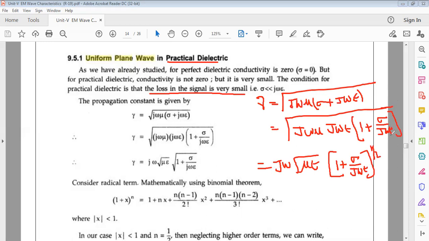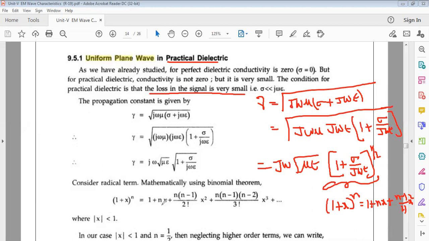Okay, and this radical factor, whatever we have, apply the binomial theorem for this function, considered as 1 plus x whole power n, where x is sigma by j omega epsilon, and n is equal to 1 by 2. That is equal to 1 plus n into x plus n into n minus 1 by 2 factorial x square and so on.